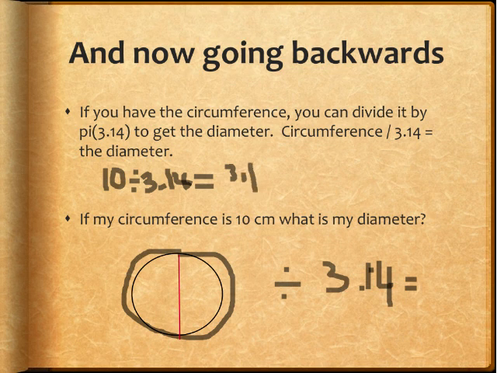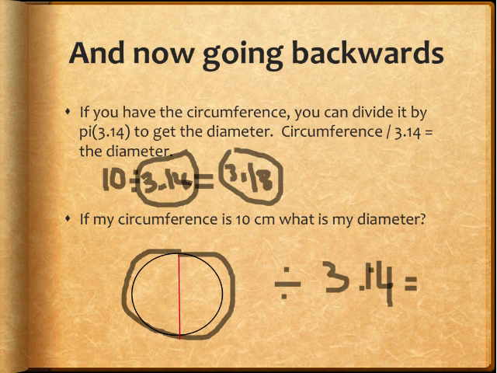Now let's see if this works in reverse. If I knew only the diameter and pi, how could I get the circumference? We've been doing lots of this lately.